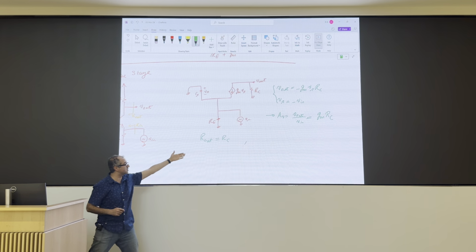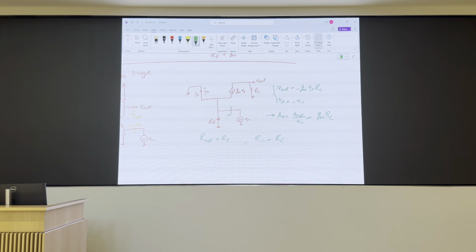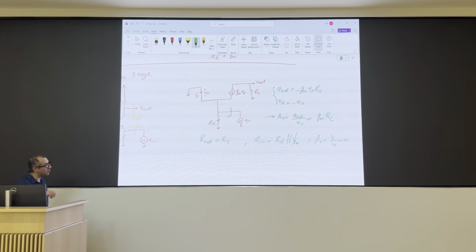If you choose a large R_C, your R_out goes up. R_in is R_E in parallel with 1 over g_m. And the current gain is I_C to I_E, which is around one, but less than 1.